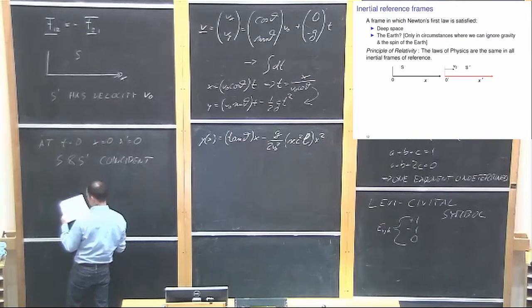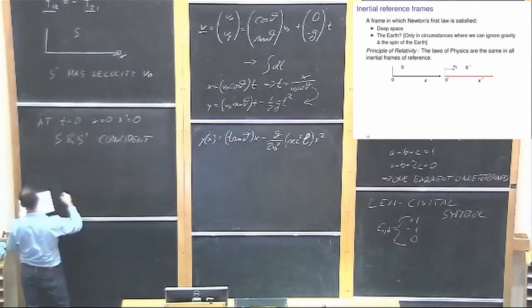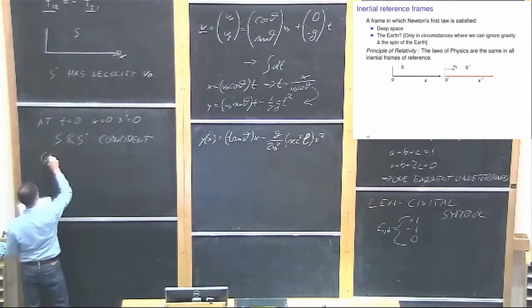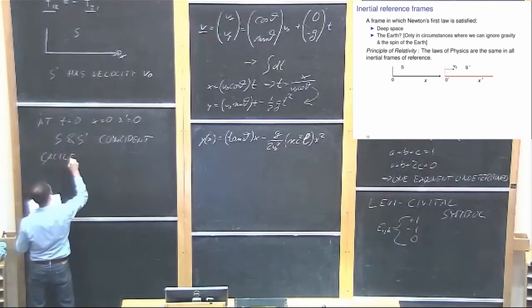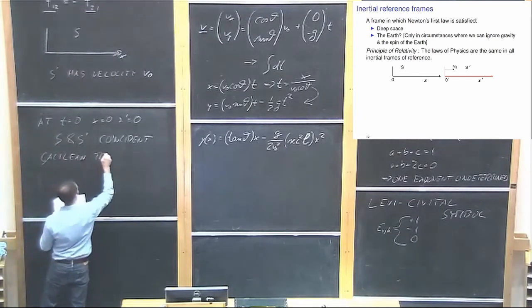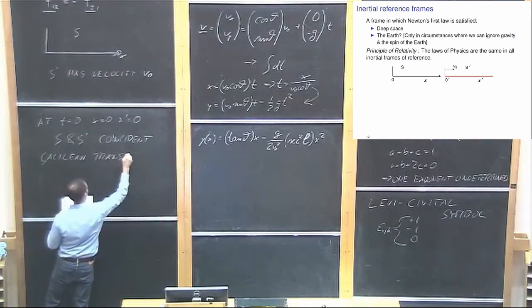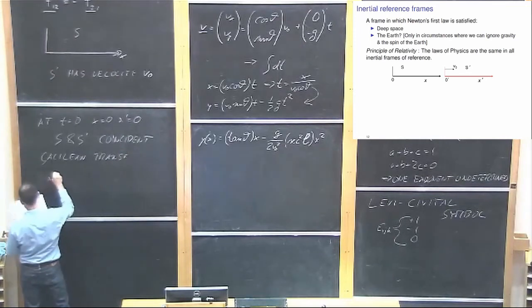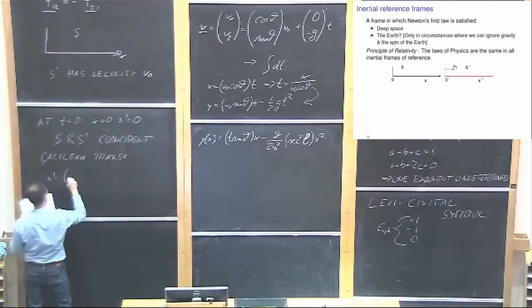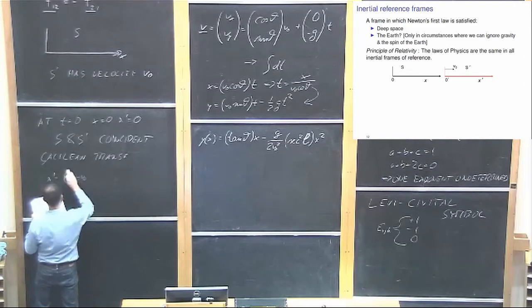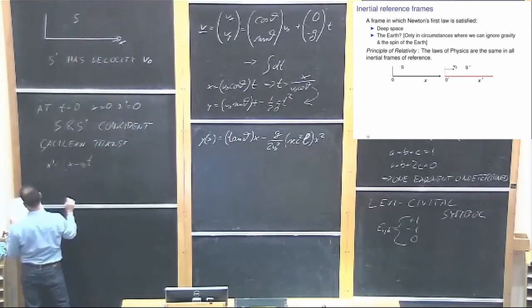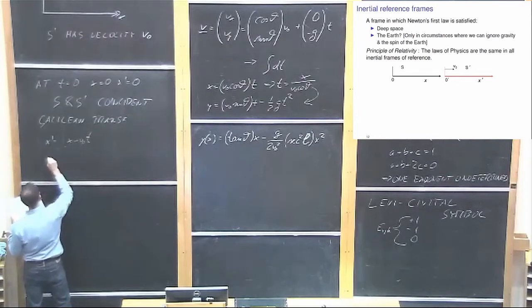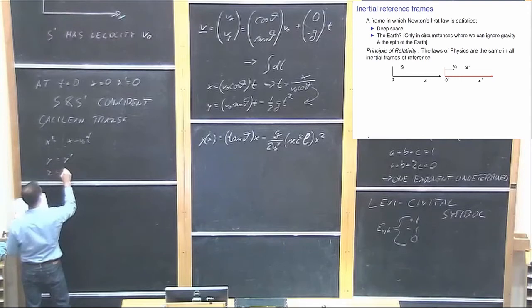And when we transform it, the Galilean transformation, x prime equals x minus v naught t. And we don't do any of the others: y equals y prime, z equals z prime.